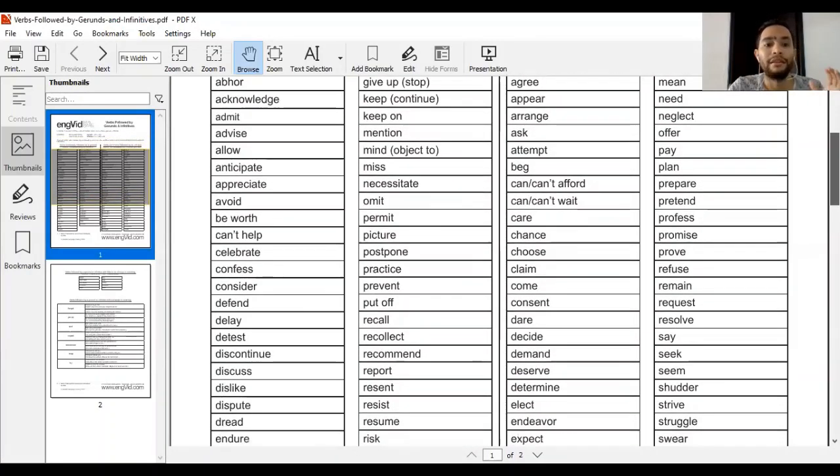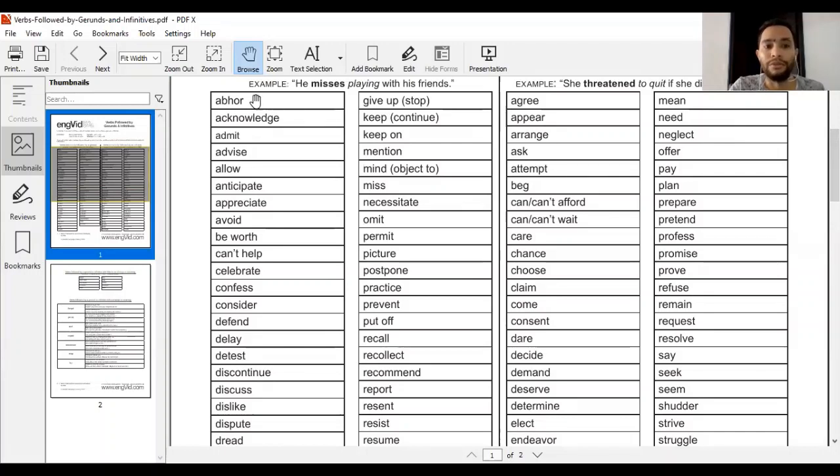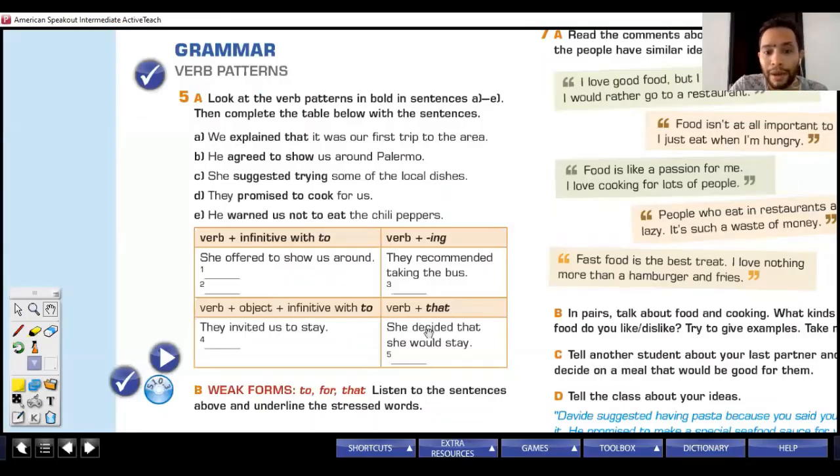And we get then this group of verbs right here, like abhor, acknowledge, admit, advise, allow. Now, in the case of allow, you can use this pattern as well.